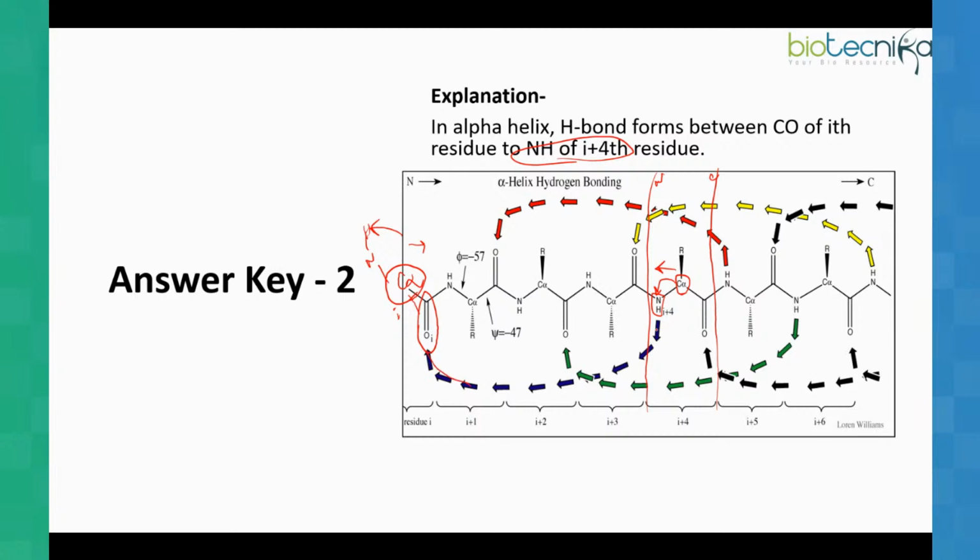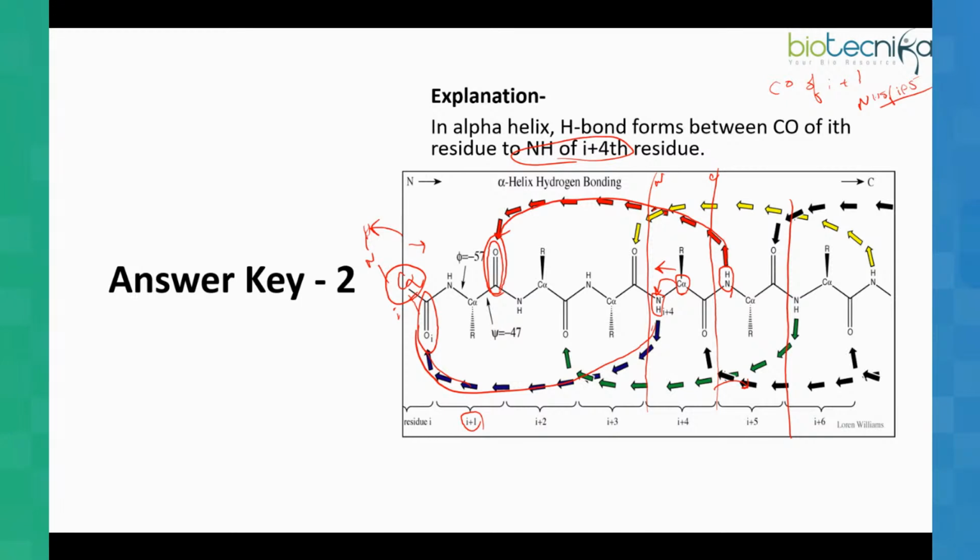So CO of I to NH of I plus 4, they will form a bond. Then the next bond will be just addition of 1. That's why it will become CO of I plus 1 to NH of I plus 5. That means you have to start from here. That is the I plus 1 CO group and the I plus 5 NH group. Okay.